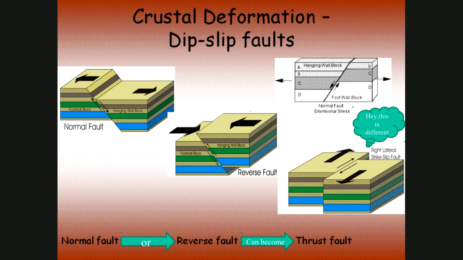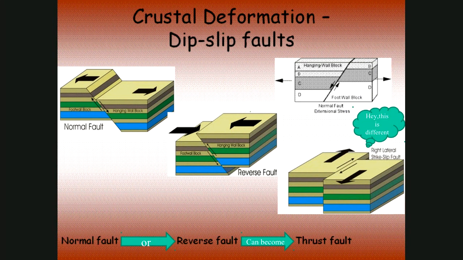But in a similar break, if it's compressed rather than pulled, you get a reverse fault where the hanging wall will slide up and even over the footwall. And of course, those we call dip slip faults. Yeah, they dip when they slip.